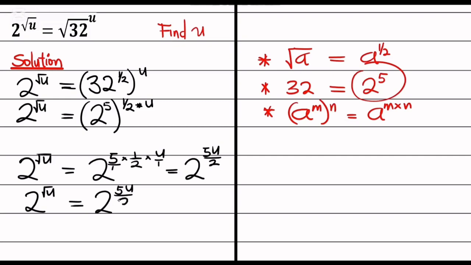And this is where I'm going to need an index rule that says whenever I have a raised to the power of m and at the same time equal to the same base a raised to the power of n, then m is just going to be equal to n. That is, this one goes, this one goes.